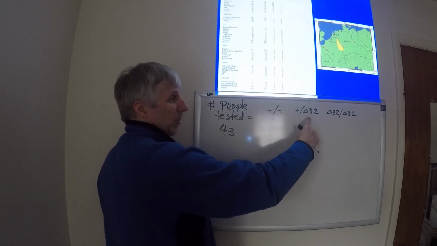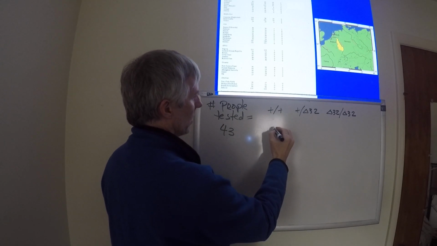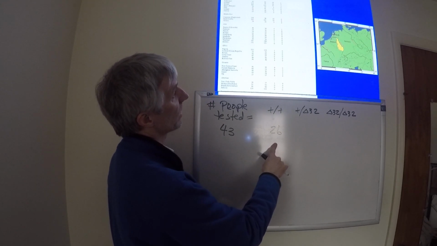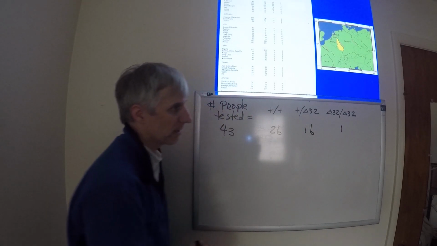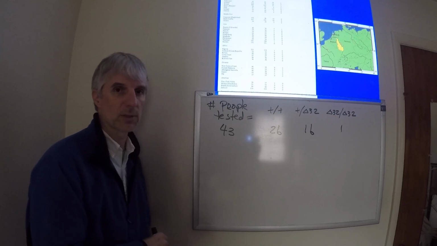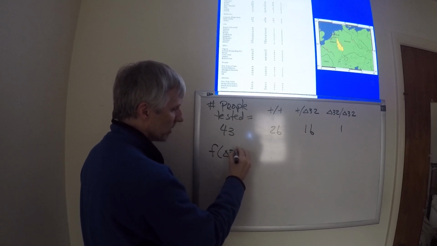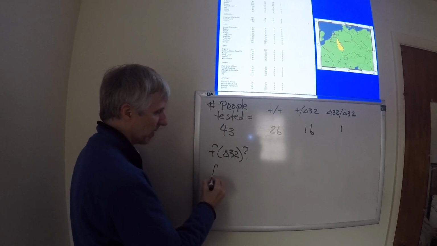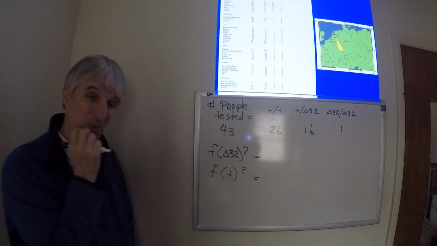Homozygous wild type, heterozygous, homozygous delta 32. So, of the 43 people, 26 were homozygous wild type, 16 were heterozygous, and 1 was homozygous delta 32. So, what is the frequency of the delta 32 allele in this population? And what's the frequency of the wild type allele?